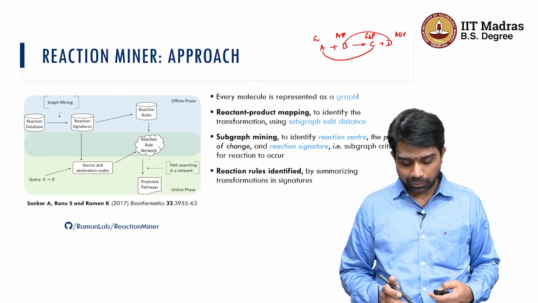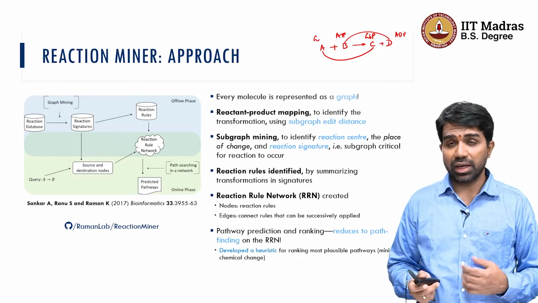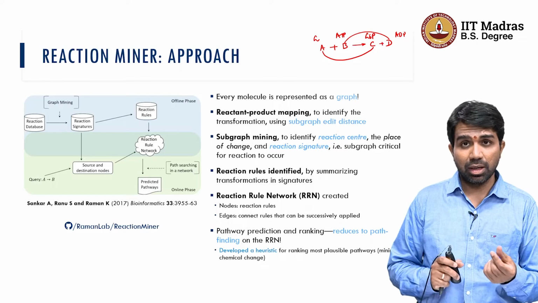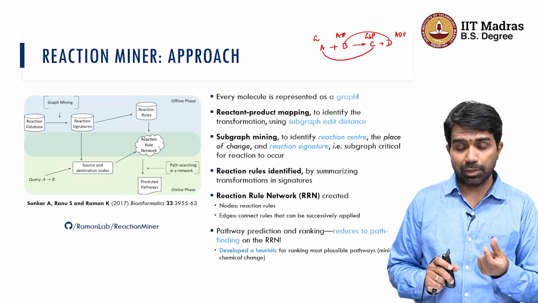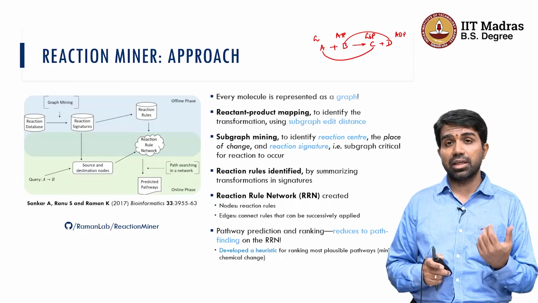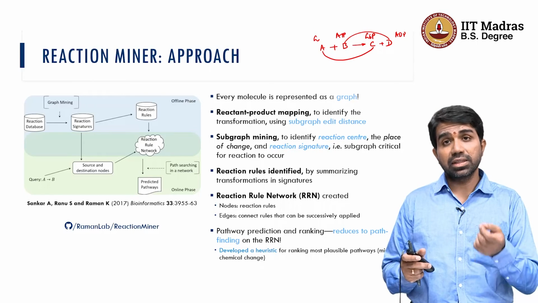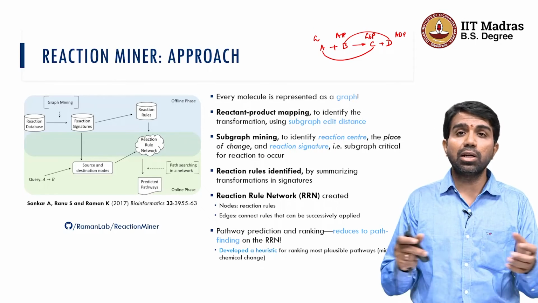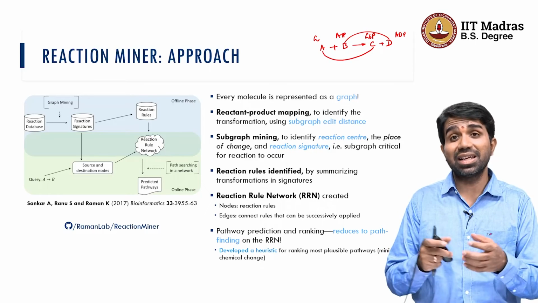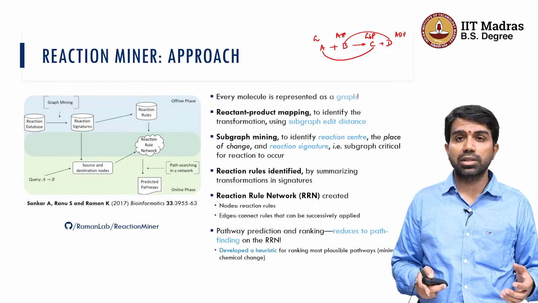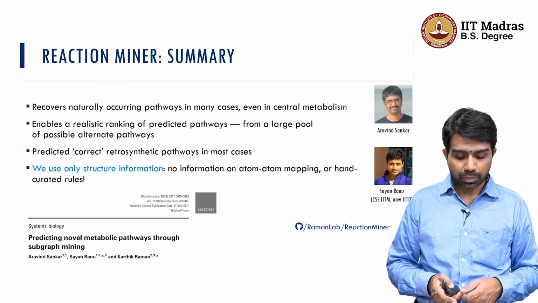We also include a couple of heuristics and so on to rank the most plausible pathways based on the similarity between the molecules and things like that. This really made us fish out a single important pathway from a very large set of biologically plausible pathways. Okay.